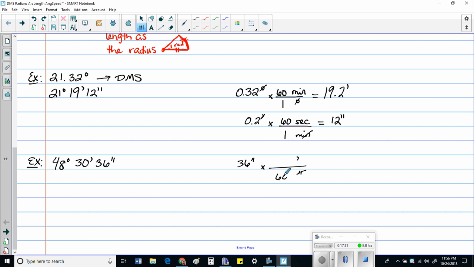There are 60 seconds in a minute, so 36 divided by 60, and I get 0.6. And then I'm going to use 30 minutes, minutes to degrees or hours. There are 60 minutes in an hour, which you already know this is going to be 0.5. I'm just showing you. Then you add these together and you would get 1.1.